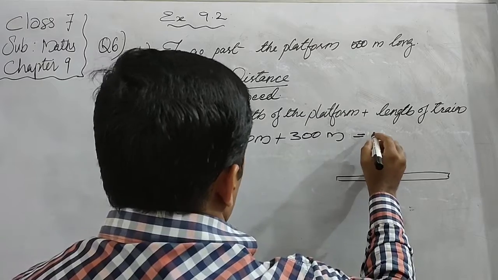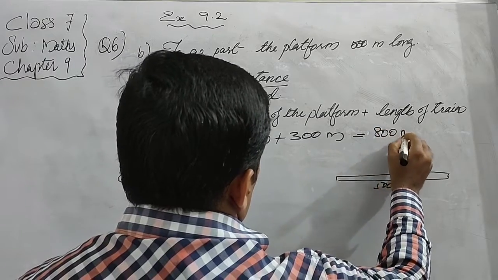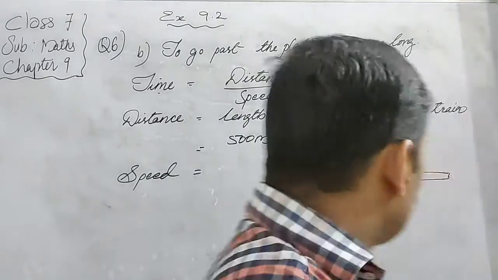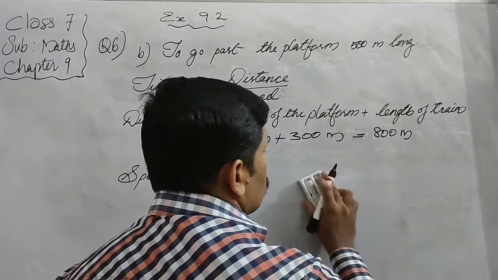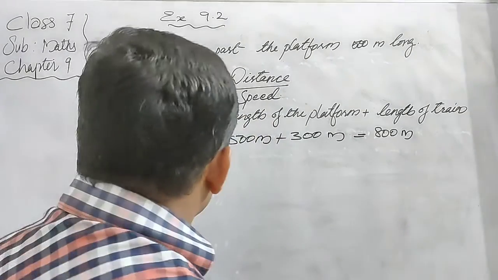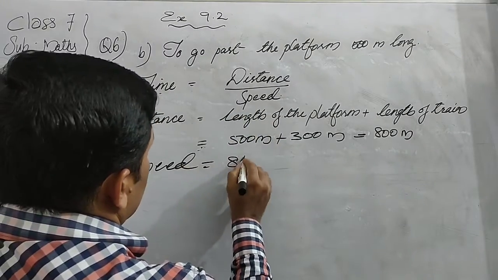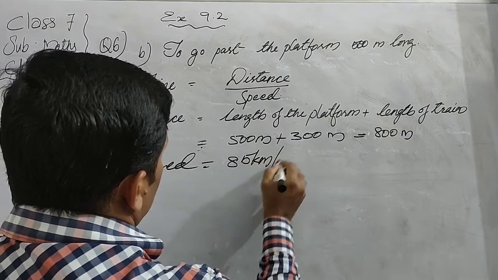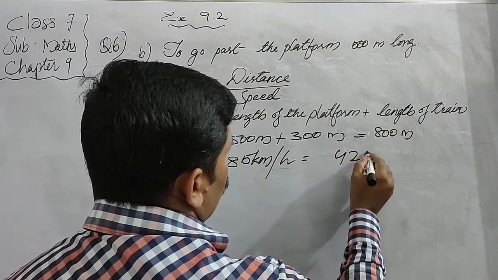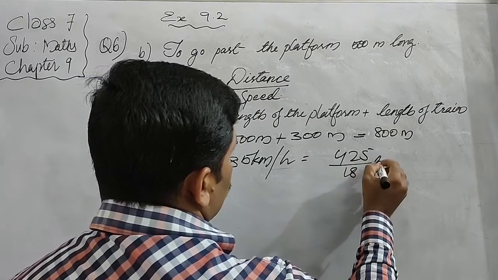That is 800 meters. So the train has to travel 800 meters in order to pass that platform. Therefore speed is equal to 85 kilometer per hour. That we have to convert to meter per second. Already we have converted before: 425 upon 18 meter per second.